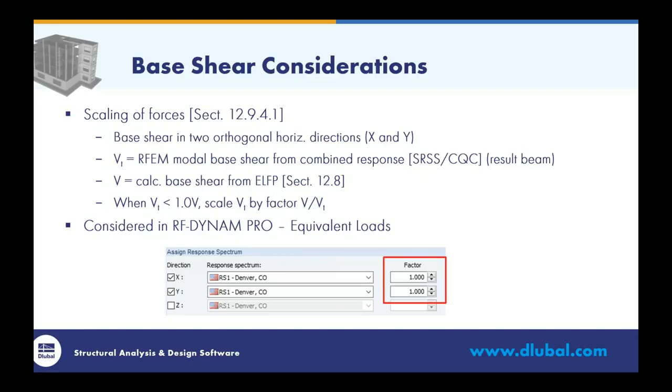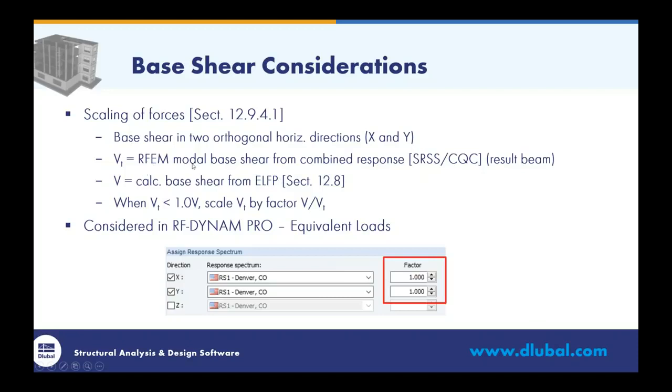So I just showed you how to determine that base shear from the result beam. Now we compare that to the shear within the standard, which is calculated from the equivalent lateral force procedure from section 12.8. So you can manually calculate this value.